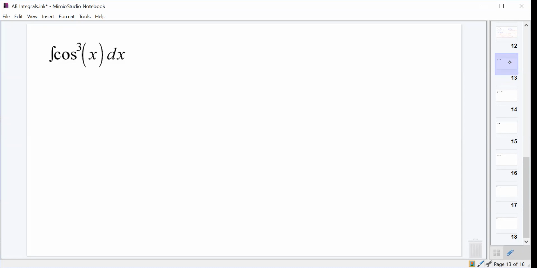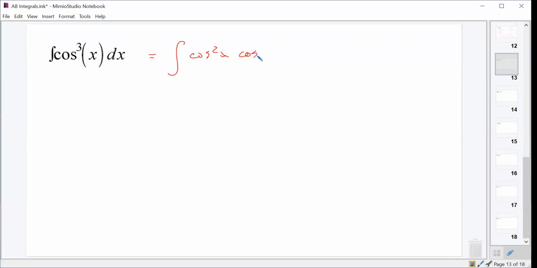We don't have a formula for cosine cubed, and I can't offhand think of a way to turn cosine cubed into just cosine or just sine, or tangent or cosecant cotangent or secant squared or cosecant squared. Wait, does simplifying it to cosine squared x times cosine x work? Well, it'll do something, and that will be our first step.